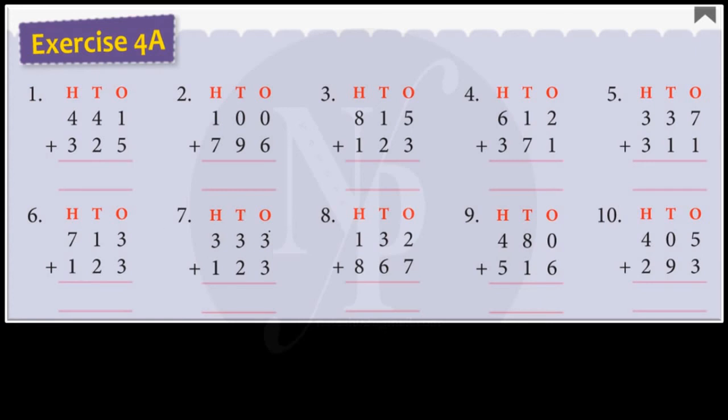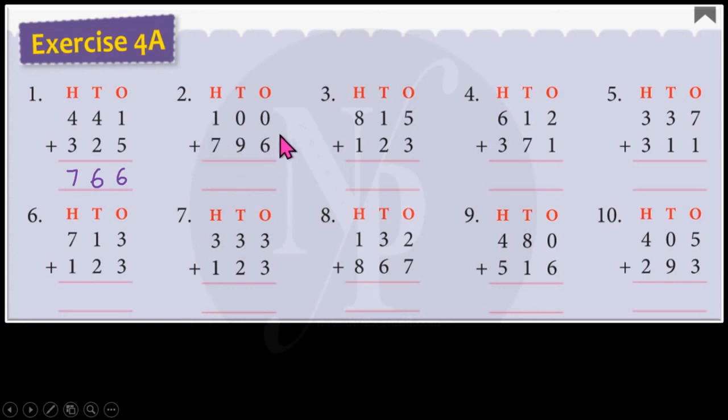Let us write 6 in one's place. And in tens place we have 4 and 2. 4 plus 2 is 6. And 4 plus 3 is 7. 766 is the sum.